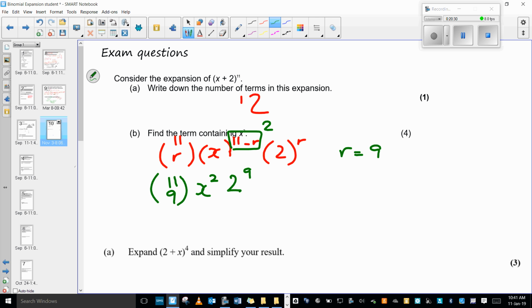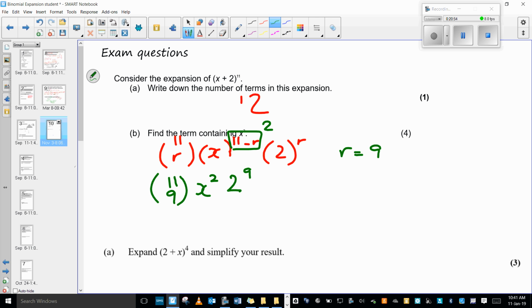Now, I don't know whether this will be on paper 1 or 2. Let's say it's on paper 1. Okay, so we're in this situation here. We need to find out this value. You can either draw Pascal's triangle, or, because we only have one term, it may be worth doing the factorial method.